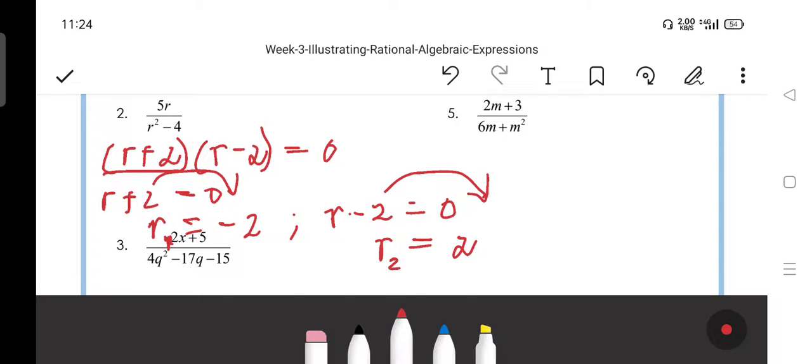Now, how are we going to express this in set notation?